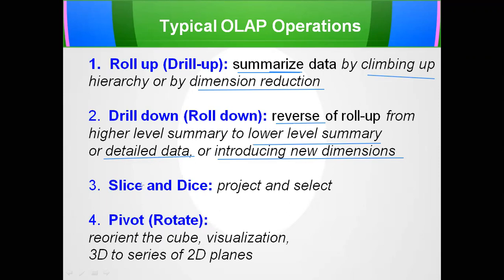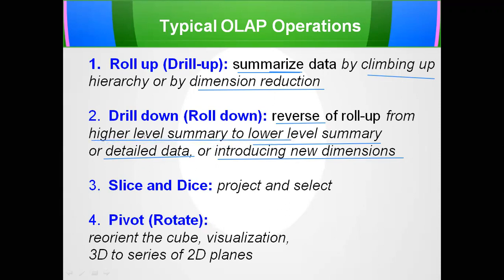So instead of this quarterly data, if you want monthly data, right? So with the help of drill down operation, you can convert this quarterly data into month-wise data. So drill down operation will give you total sales for every month, right? So it will convert that higher level summary into lower level summary, right?